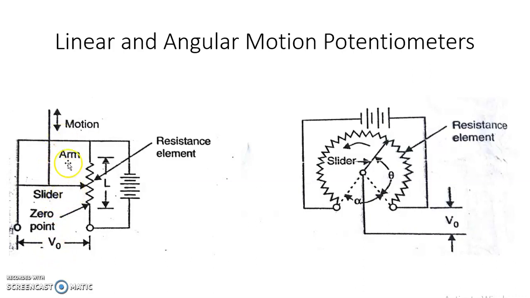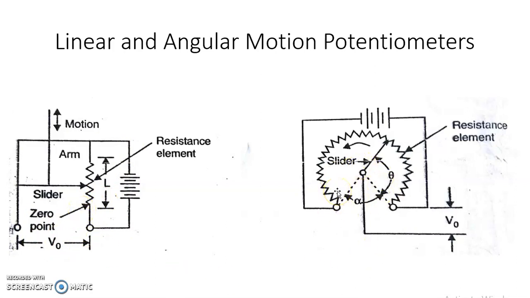As there is more displacement, there is more change in the resistance, and the change in the output voltage is also more. So the displacement is measured in terms of change in resistance or change in the output voltage across this resistance element. In this way linear displacement can be measured through this linear potentiometer.